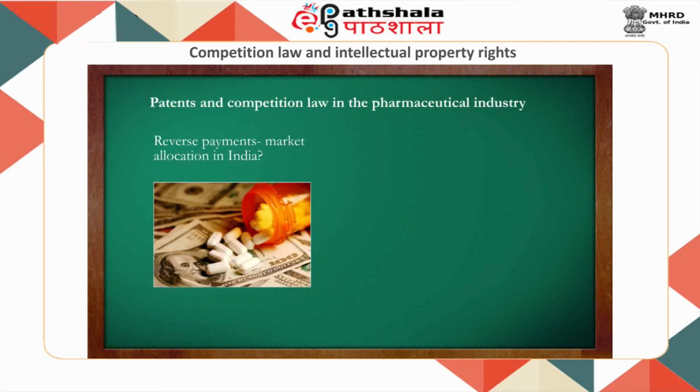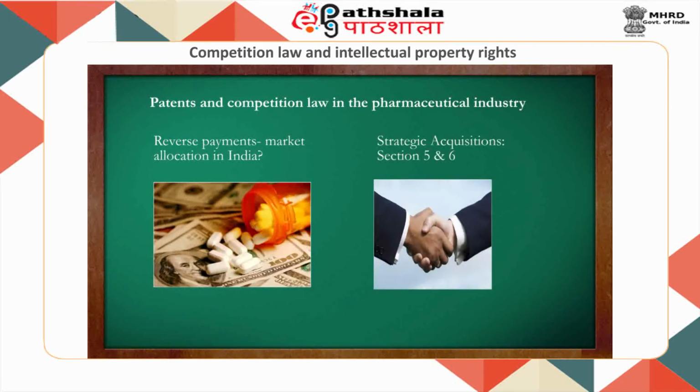Now, finally, in relation to section 5 and 6, combinations, mergers and acquisitions, and competition law and policy, it is important to understand how such acquisitions may change the generic company's strategies in terms of its ability to challenge patents, in terms of its ability to obtain compulsory licenses.